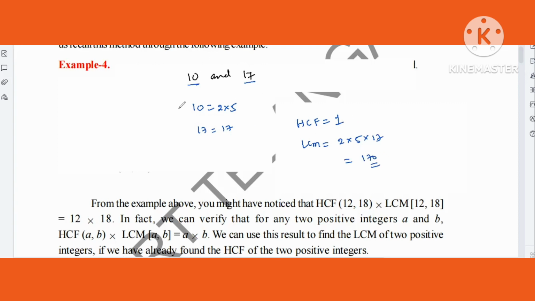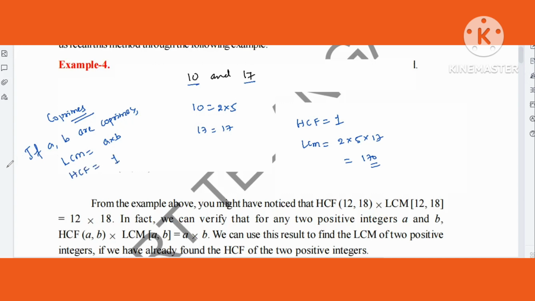So when there is a composite number and a prime number, we call them co-primes. If A and B are co-primes, their LCM is equal to the product of those numbers, and HCF is 1.